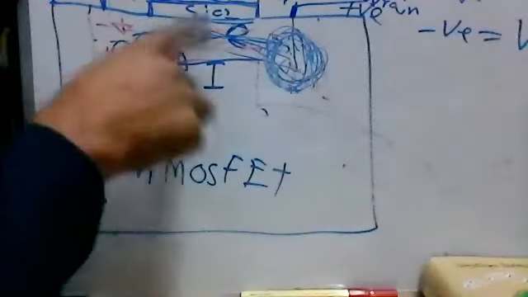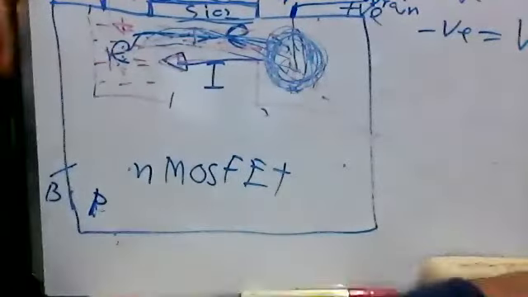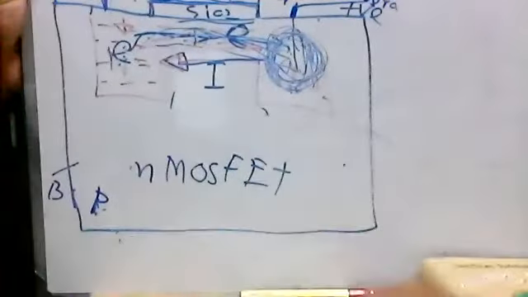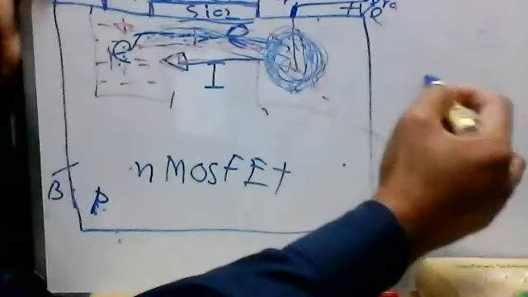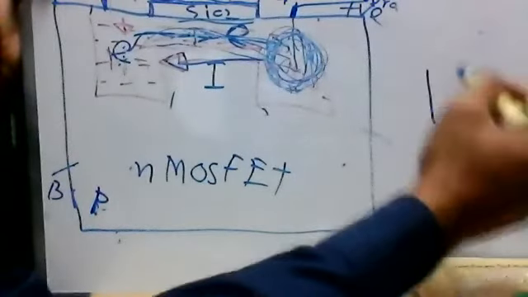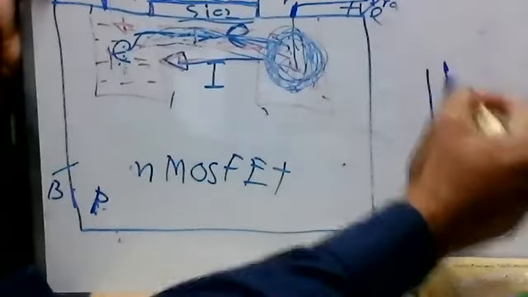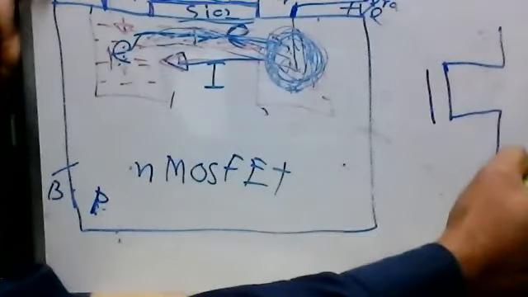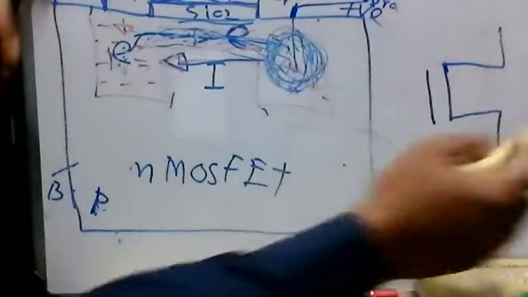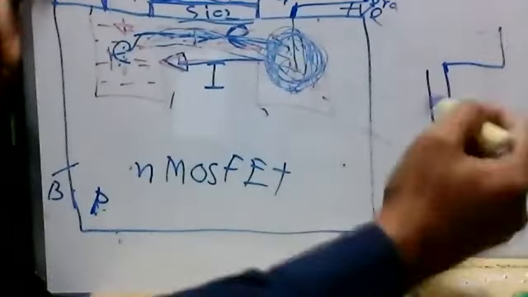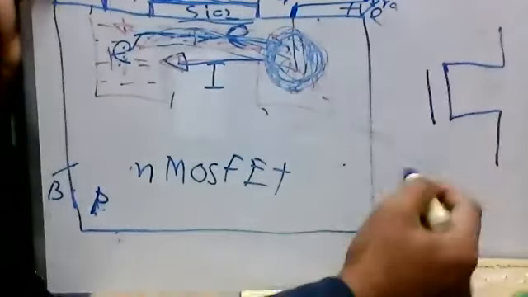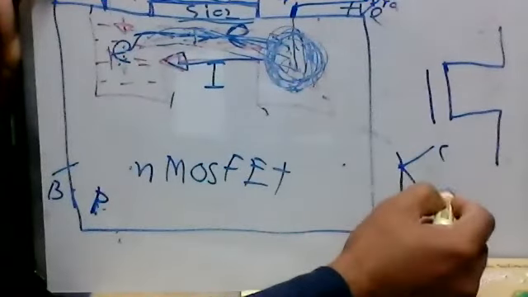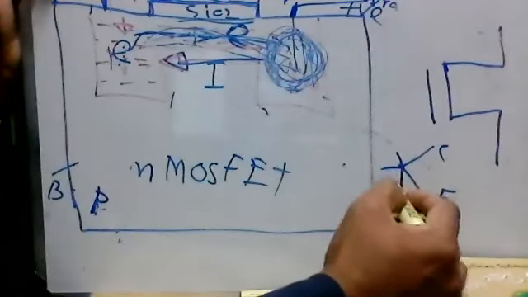Now keep that in mind. Now we'll make a symbol here, and we'll see how this works. The symbol is like this, because we have to make a circuit diagram. It's very similar to the BJT, but a little bit different. In the BJT, let's say this is a collector, this is the emitter, and this is the base.